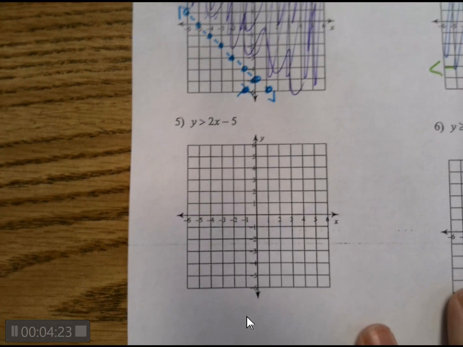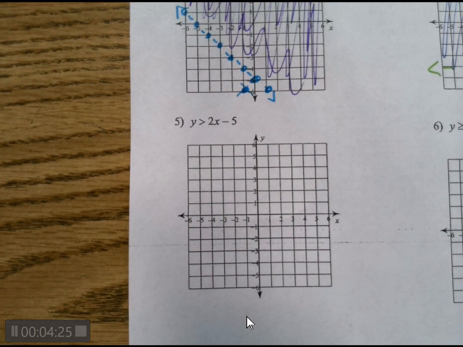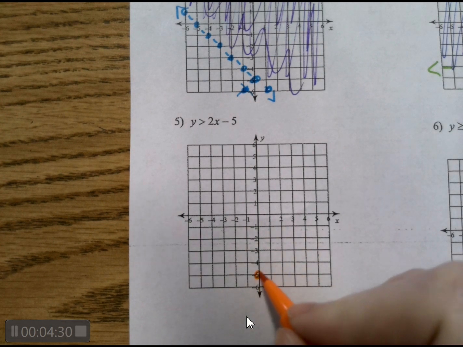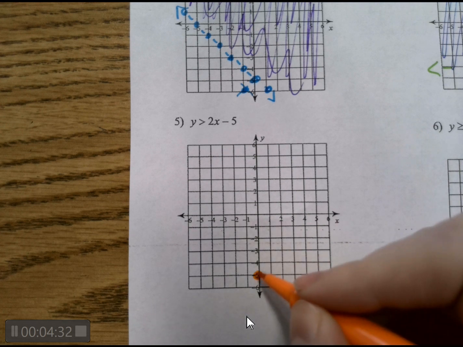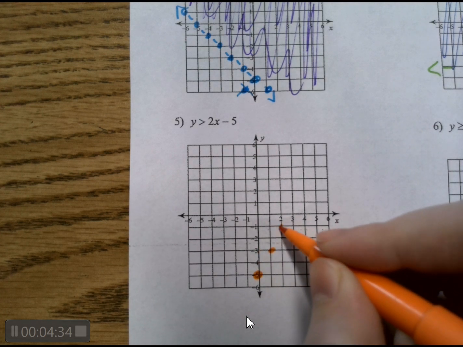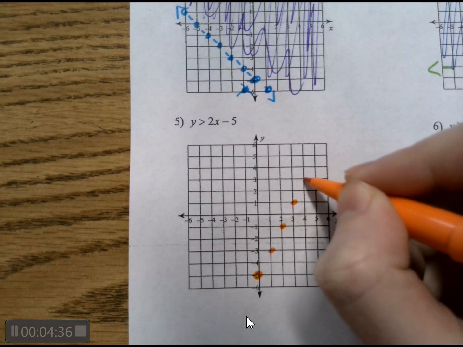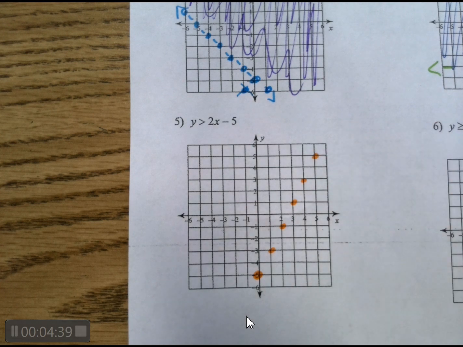Alrighty. Number 5. Y is greater than 2x minus 5. So start at negative 5 and then go up 2, to the right 1. Up 2, to the right 1. Is this dashed or solid?